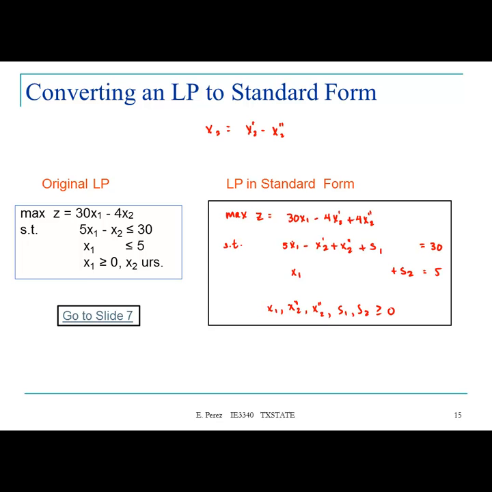Yes, sir. Because you're taking that and you're putting it in here, and you have a negative sign in front. So when you multiply that difference, x2 prime will become negative and the other one will become positive. That's a good question.